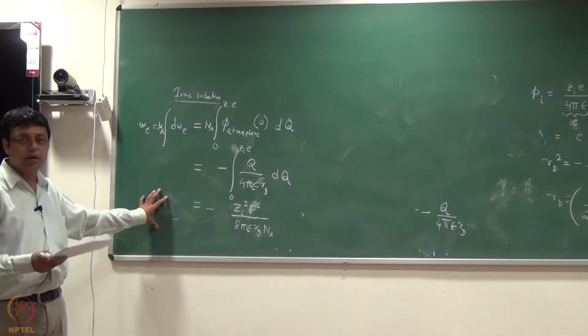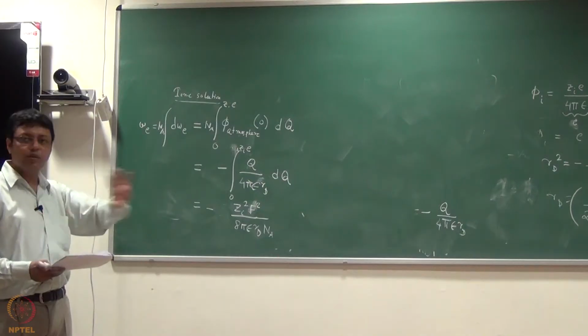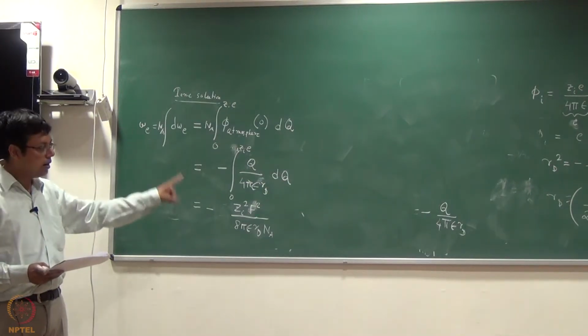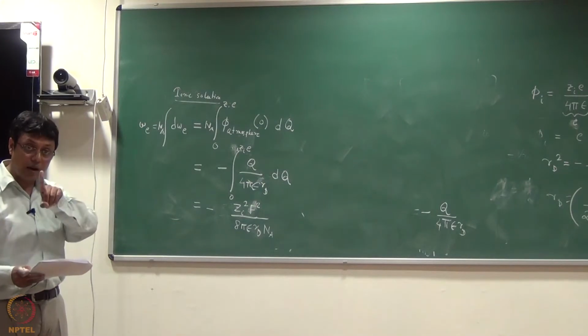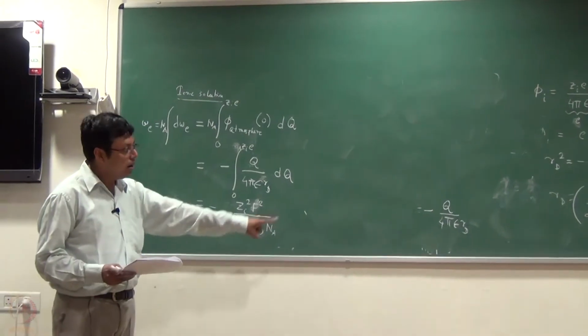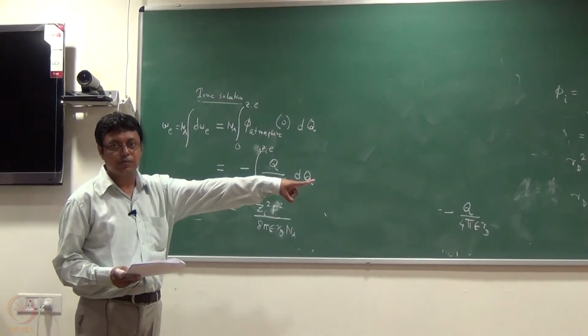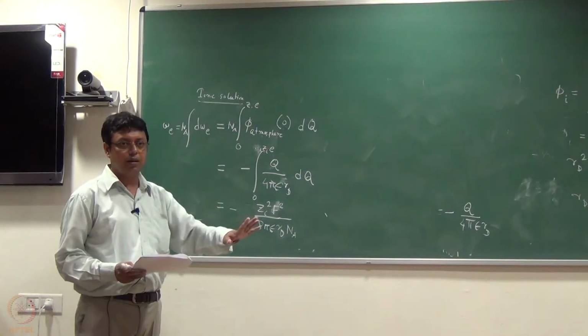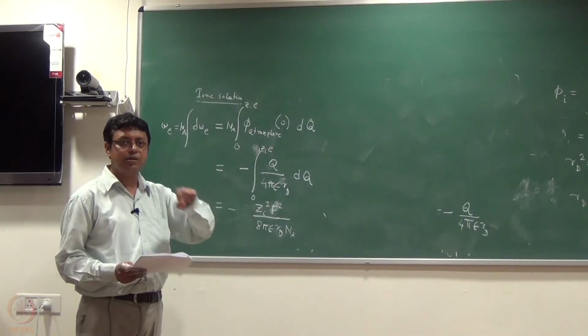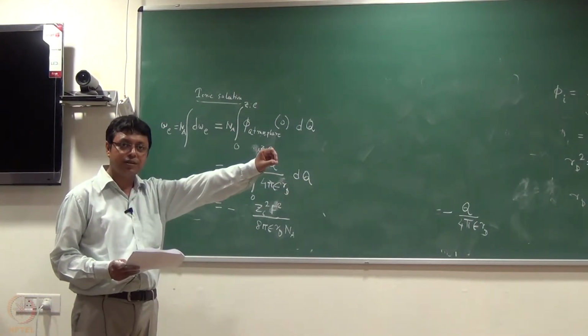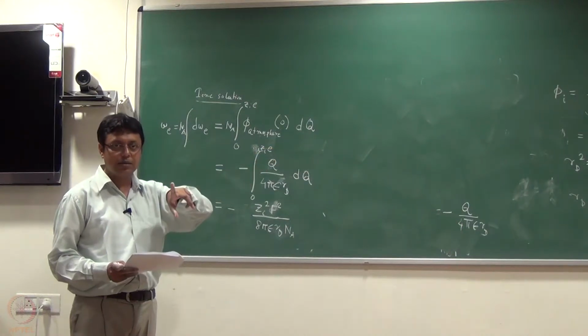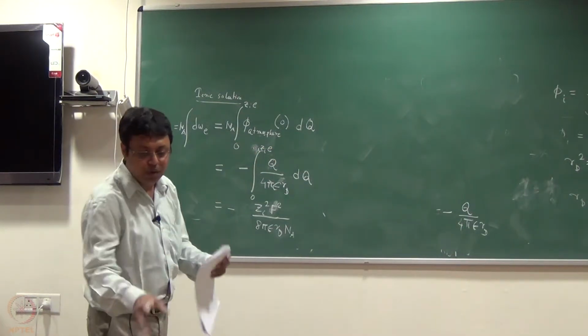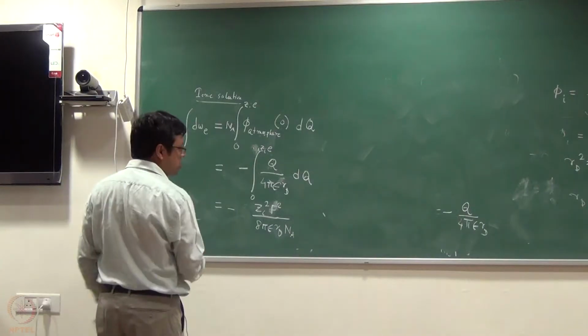This is basically the work done. Now I'm actually done with everything. I have the work done definition, and in it I have an RD, and RD also I know. I'm totally done. All I'm doing right now is going back to my original definition and writing the numerical thing which we wrote at the very beginning. So let me also write this.